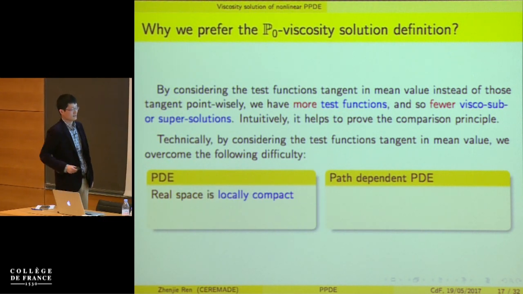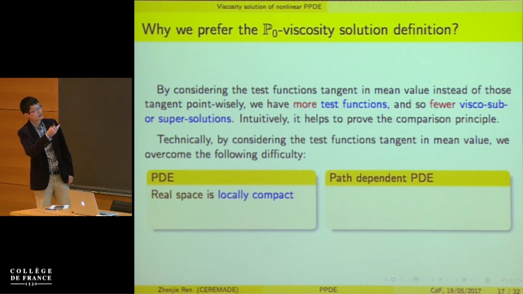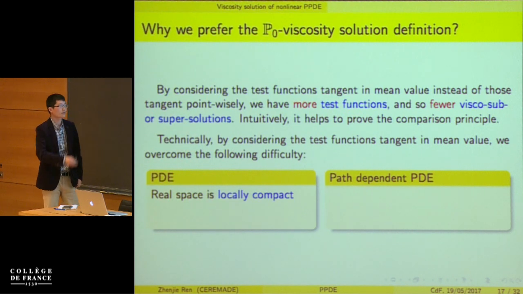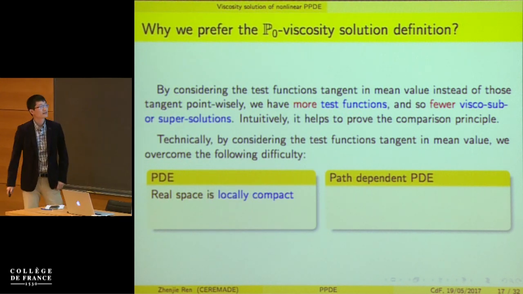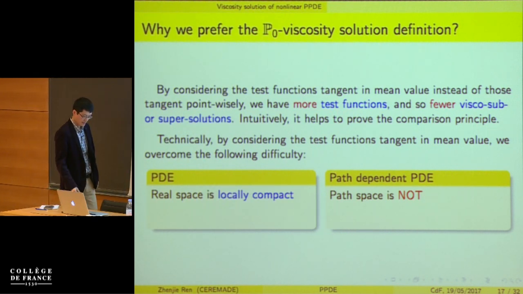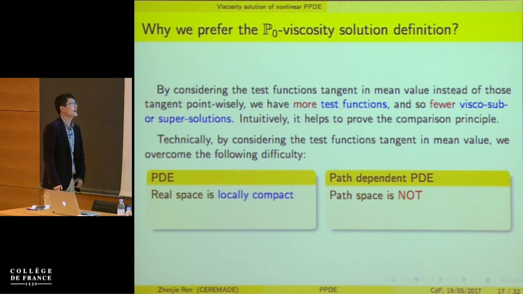And technically, it becomes possible because of this observation. When we consider a PDE, for example, on the real space, the real space is finite dimensional and, of course, locally compact. And the path space is not. The path space, if we consider using the L infinity norm or the LP norm, is not locally compact.